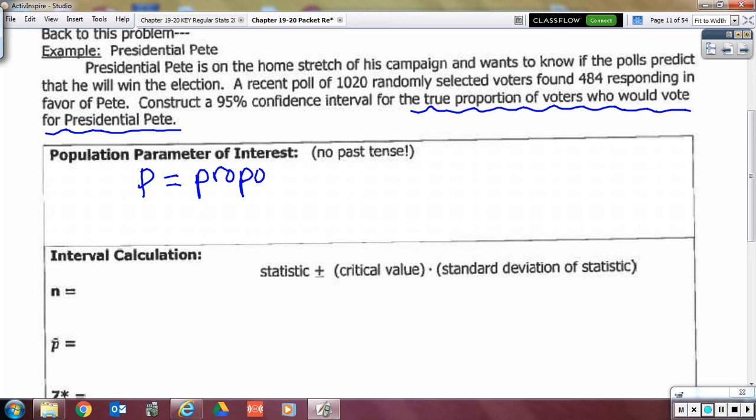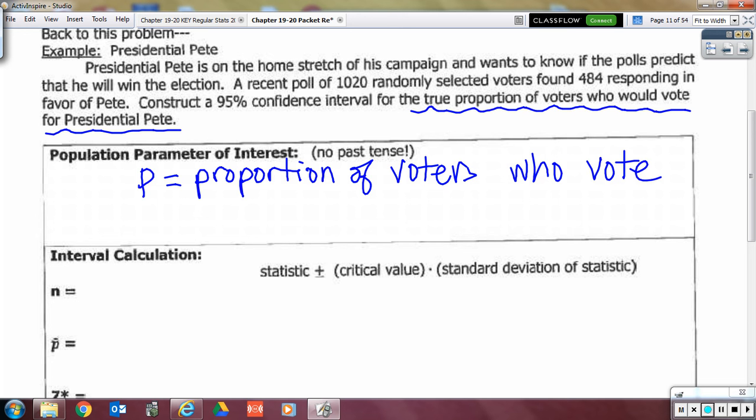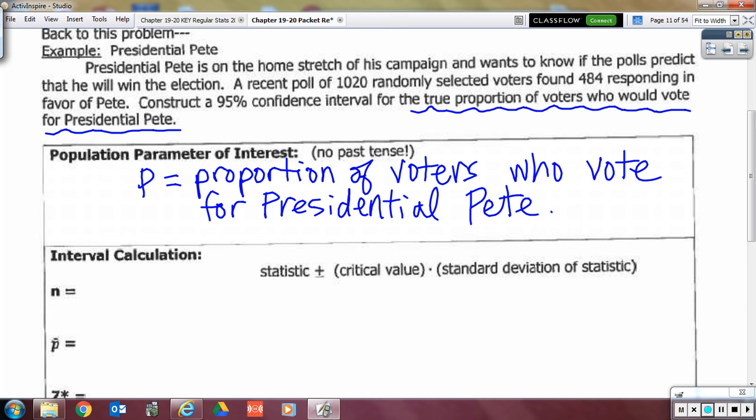Proportion of voters who vote. See, that's a present tense. Who vote for Presidential Pete. Well, I think if they vote for him, that's yes. No, I'm not just saying they vote, period. I'm saying they vote for Presidential Pete.